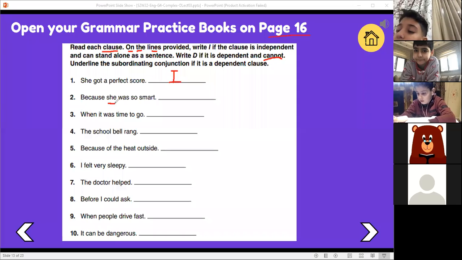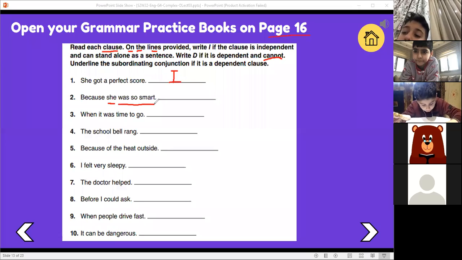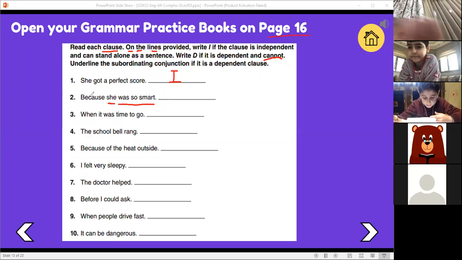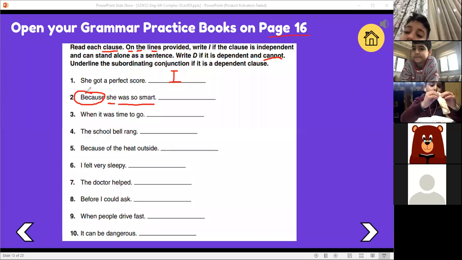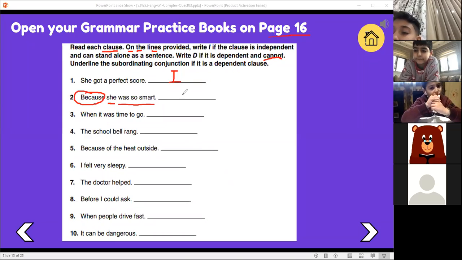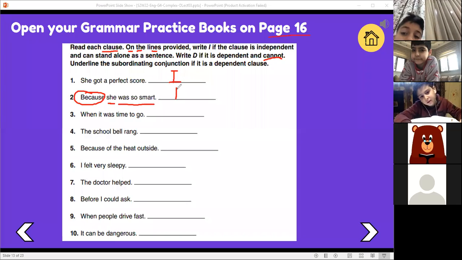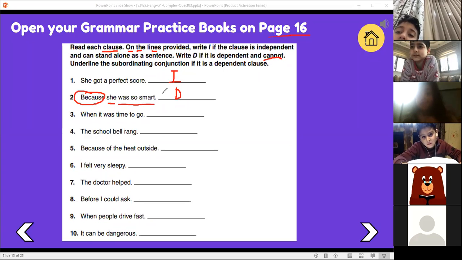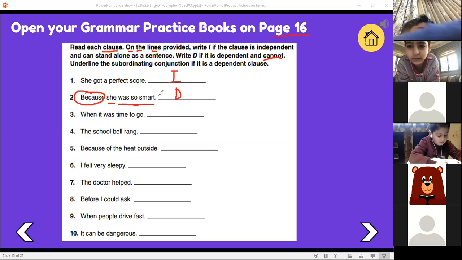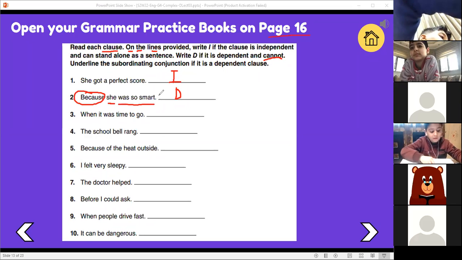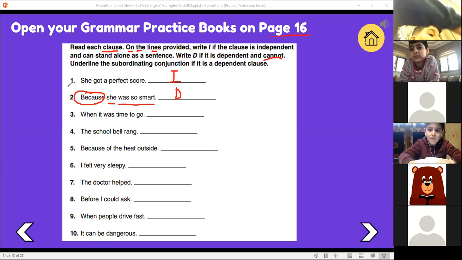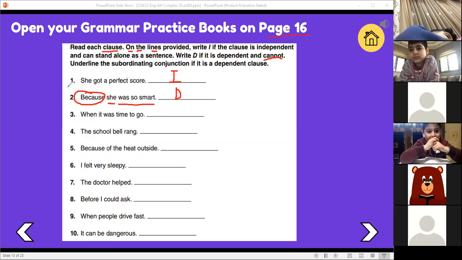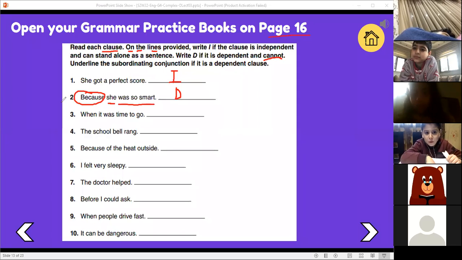There is a subject and a predicate. Why is it dependent? It begins with what? With because. Bravo, Mahdi. Because it begins with a subordinating conjunction, it is a dependent clause. Because she was so smart, we have to continue: because she was so smart, maybe she didn't have to study very much. So this sentence alone doesn't give me a complete idea or thought. Thank you, Mahdi.